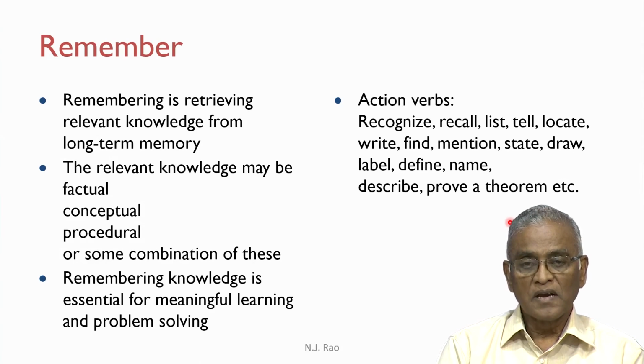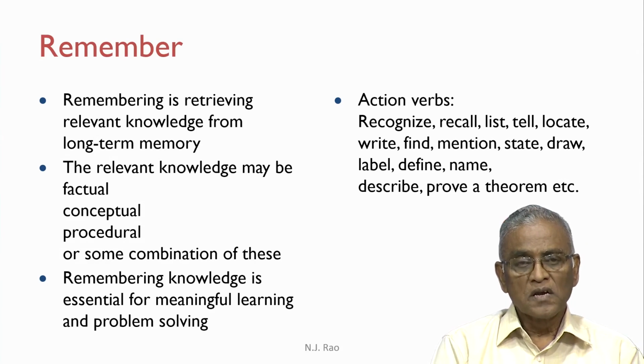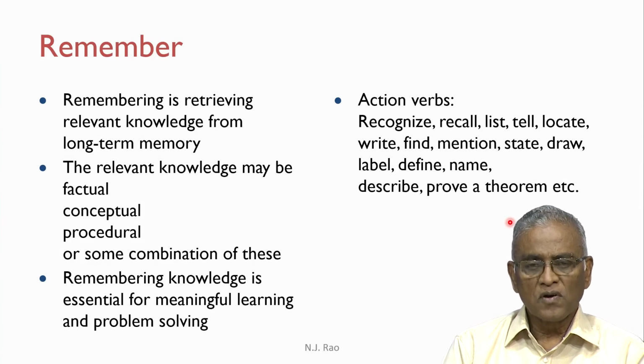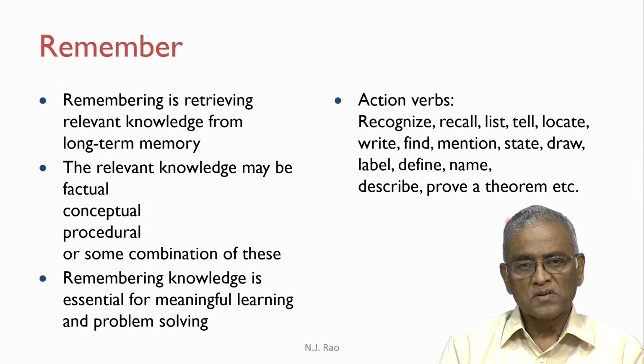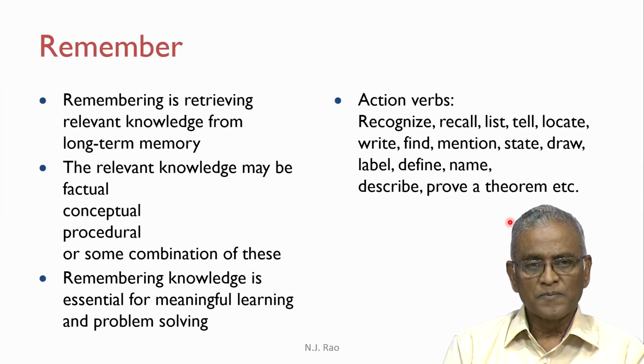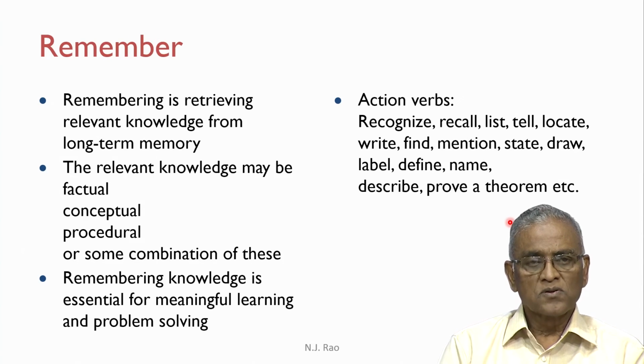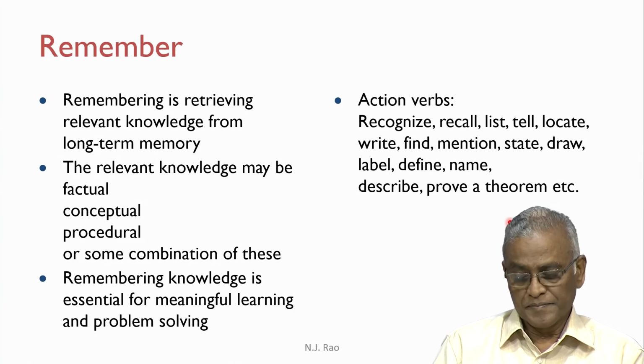These are some of the action verbs that you can use. One may want to add a few more based on experience, but the main thing is you have stored something in memory and you have to perform an activity that involves bringing it from long term memory to your present conscious state. That is the activity involved in remembering.